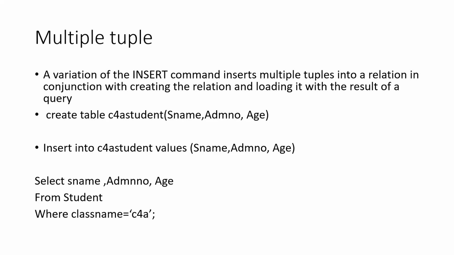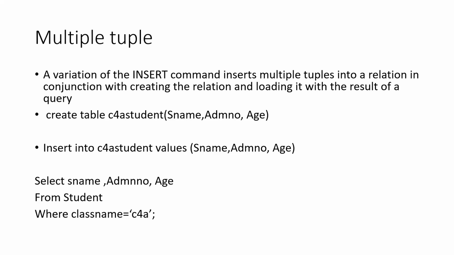Next, how to insert multiple tuples into a single relation. This is another variant, which inserts multiple tuples into a relation in conjunction with creating the relation and loading it with the result of a query. Create table C4Astudent with sname, admission number, age.